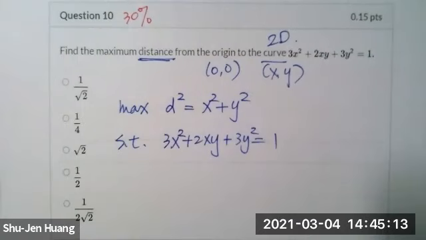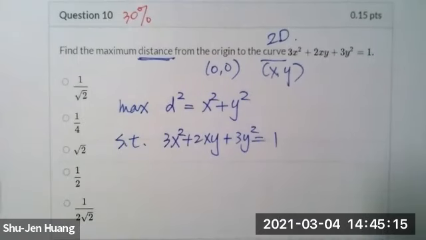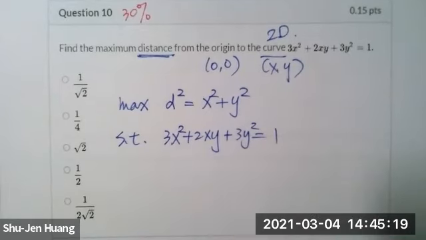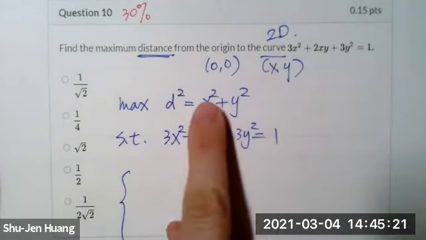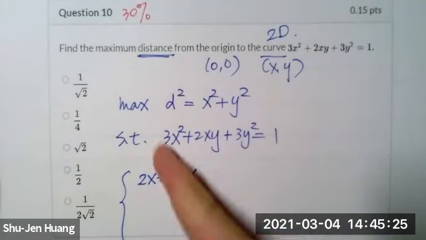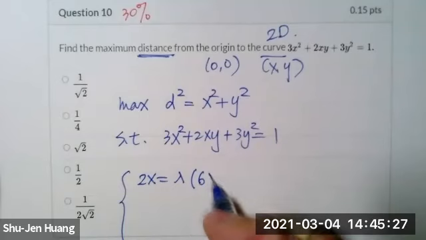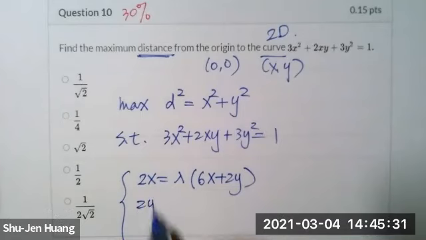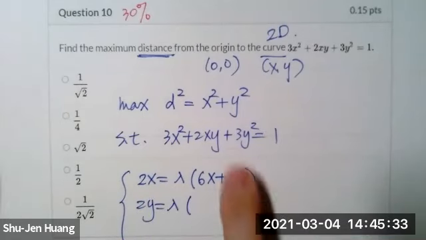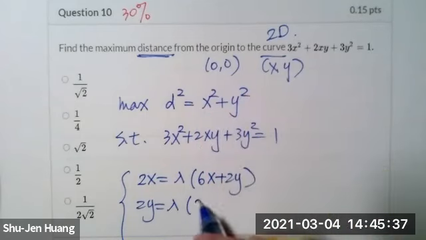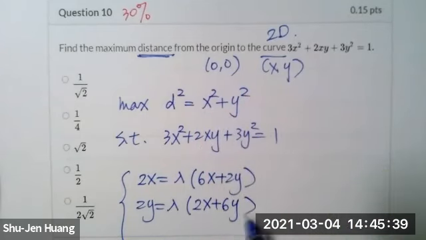So in this case, we're going to use the Lagrange multiplier. Take the derivative with respect to x: we get 2x equals lambda times (6x plus 2y). Take the derivative with respect to y: we get 2y equals lambda times (2x plus 6y).